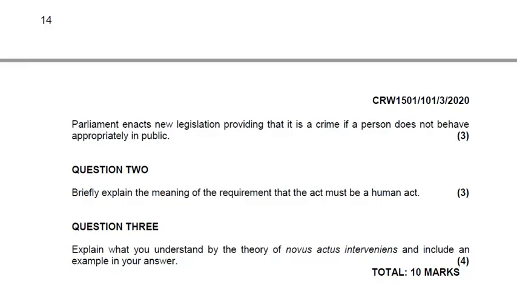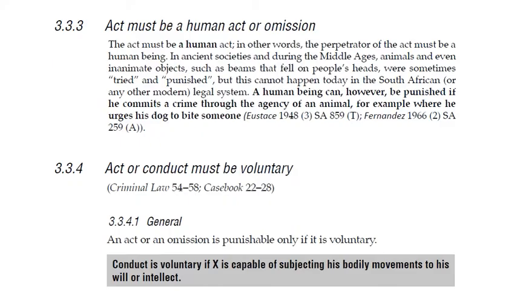Question 2. Briefly explain the meaning of the requirement that the act must be a human act. On page 19 of our study guide, this is where I found our answer. It says, act must be a human act or omission. The act must be a human act.